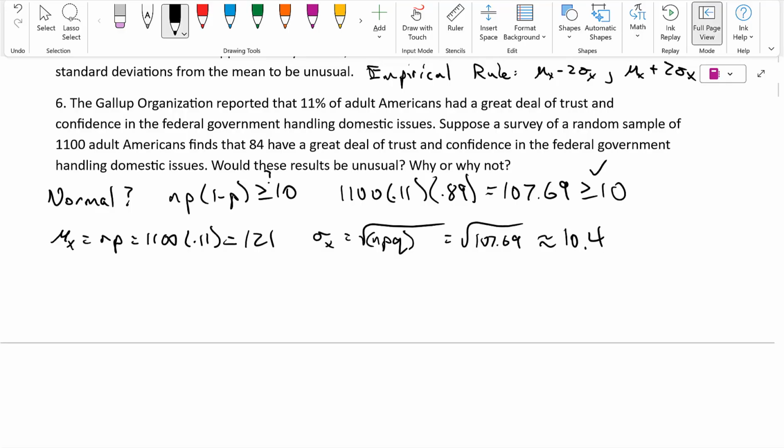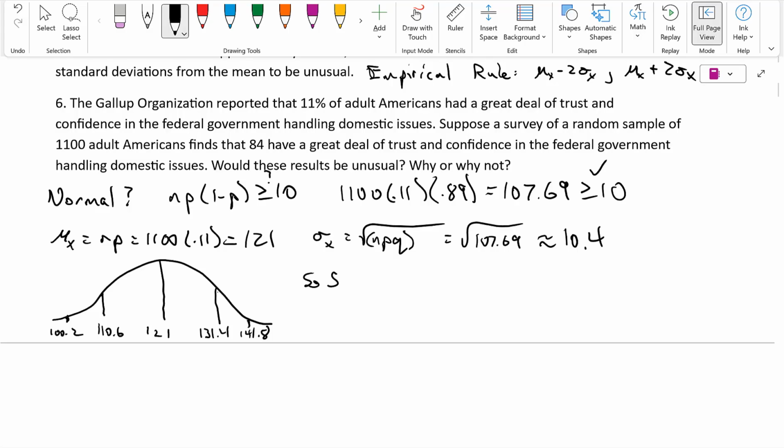And so what we want to see on our distribution, try and draw it on the side so we can fit our answer if we want to as well. We'd have 121 in the middle. If we go 1 standard deviation above that, we get to 131.4. 2 standard deviations would take us to 141.8. If we go the other direction, we get 110.6, and 2 standard deviations out would be 100.2.